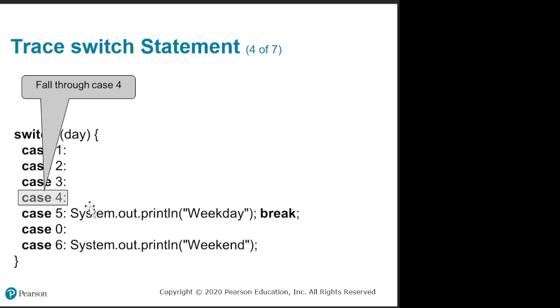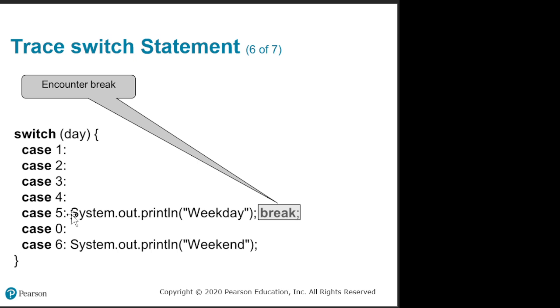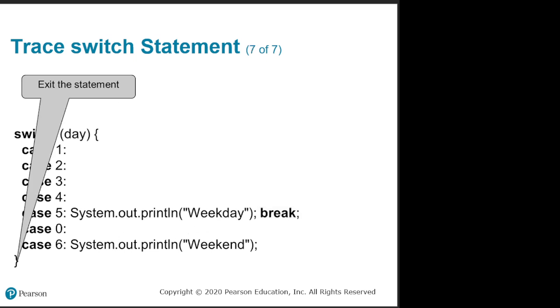Falls through to case 4 because there's nothing in case 3. And it falls through to case 5. It will print System.out.print weekday and then hit the break. Otherwise, the 0 and the 6 will print weekend.